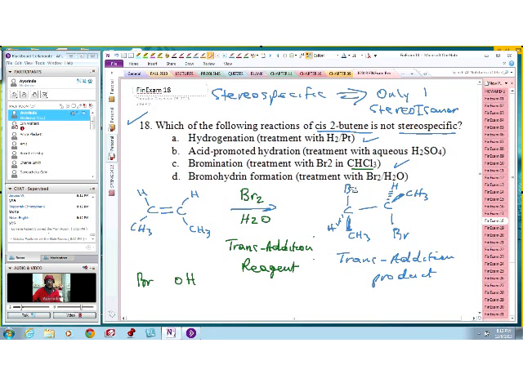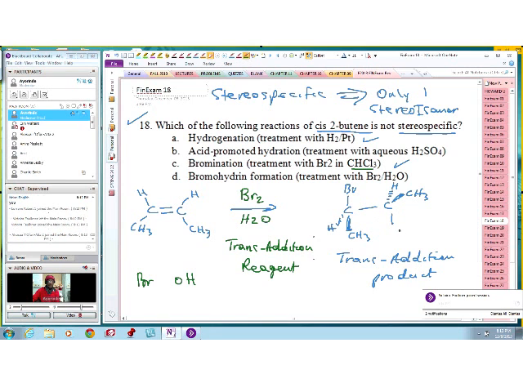Okay? So what are we going to get? If we have bromine here, then the hydroxide will be here. So once again, this will be a trans addition product. And that is why this is also a stereospecific reaction, because we are only forming one particular stereoisomer.